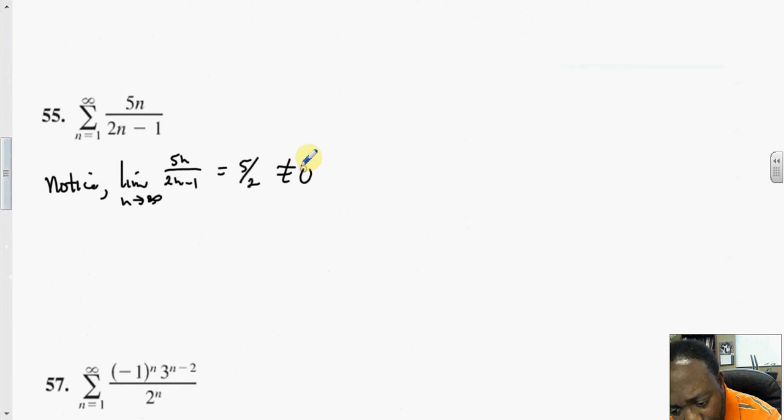It's not equal to 0. The nth term test for divergence said that if the limit of the sequence is not equal to 0, that implies that the series diverges.